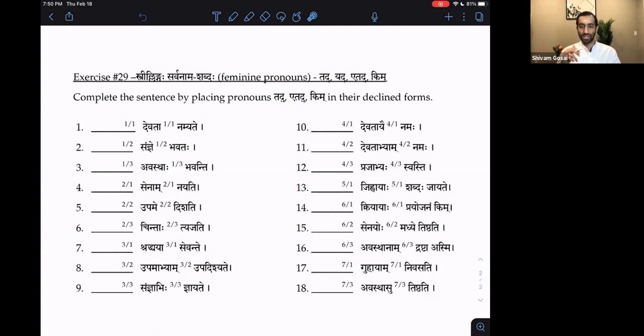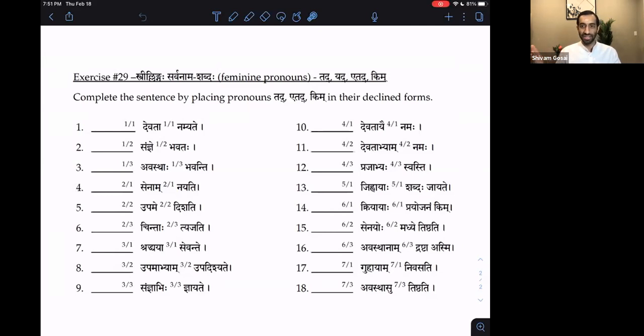Okay, so we're going to look at 14. Blank kriyayaha, prayojanam kim. Again, now we're in sort of advanced, they just don't even give us a verb anymore. But there's always a verb implied, right?